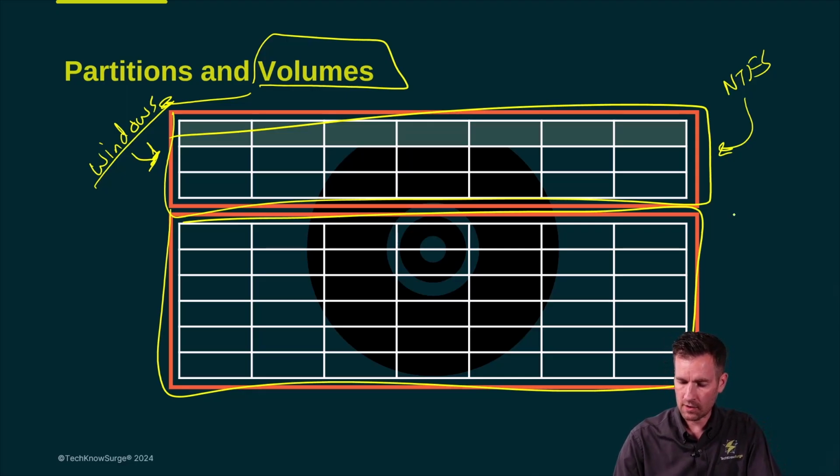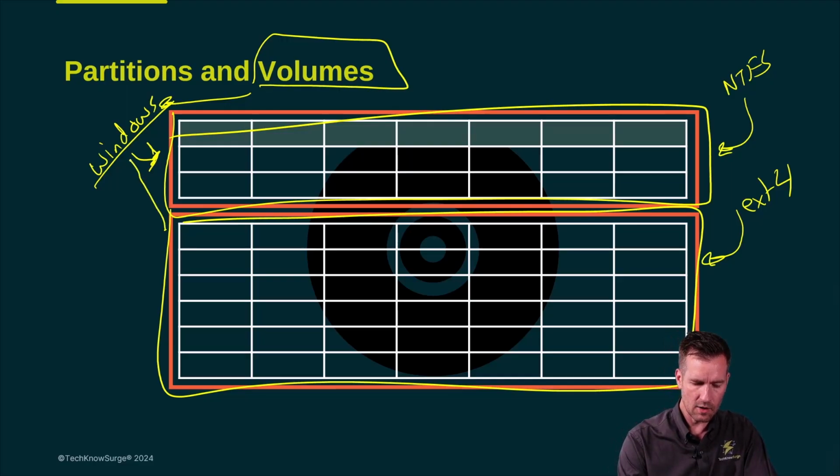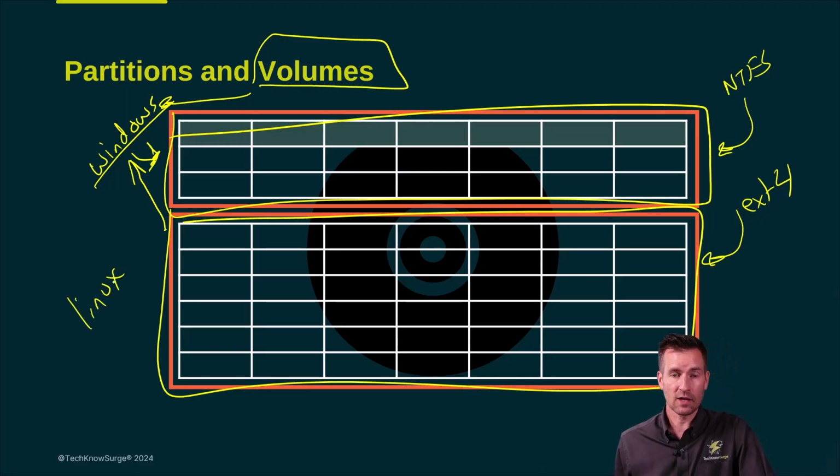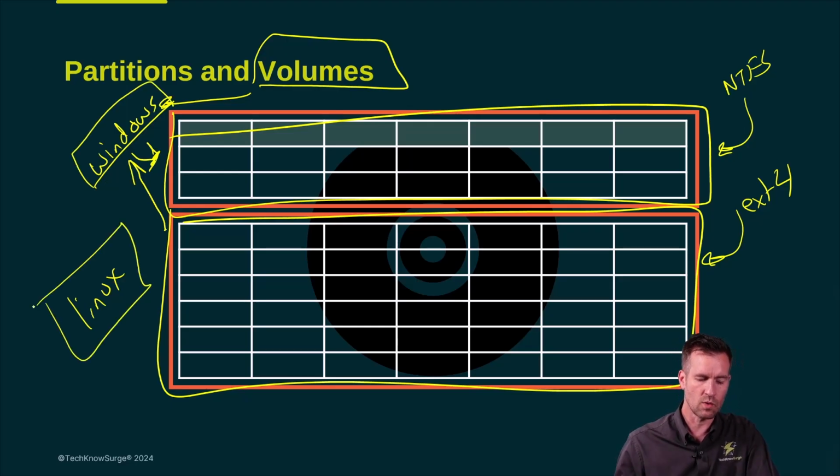And then with this one, we're going to instead format it with ext4. So this is not going to be a volume that's accessible in Windows. Instead, we're going to install Linux on it, and during the boot up process, we get to choose whether we want to boot to Windows or boot to Linux.